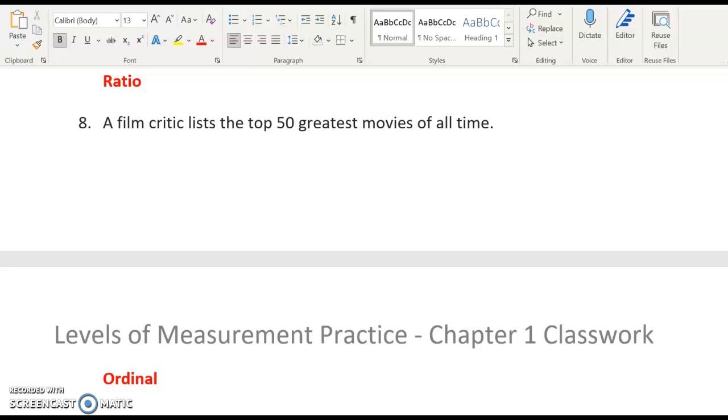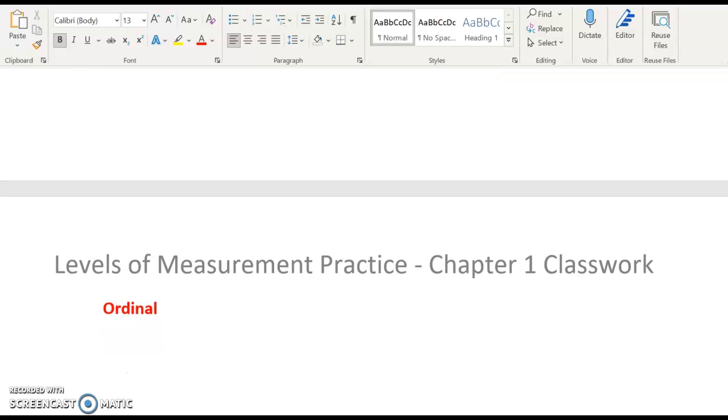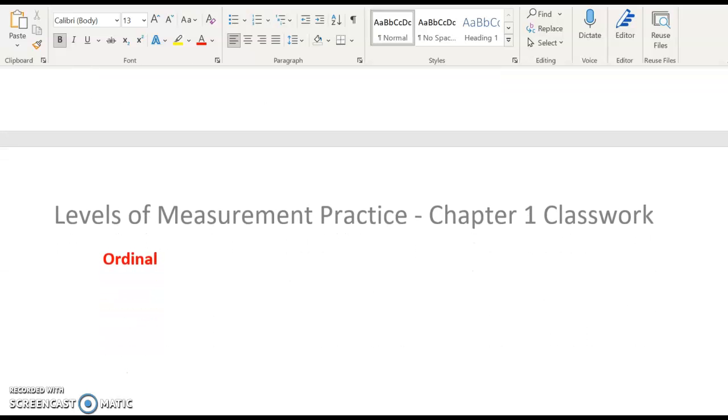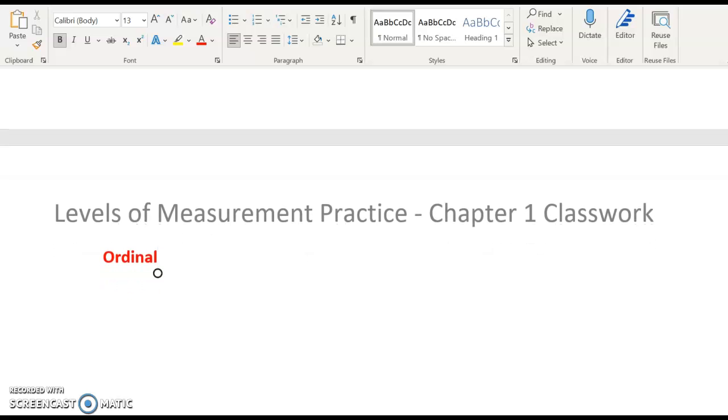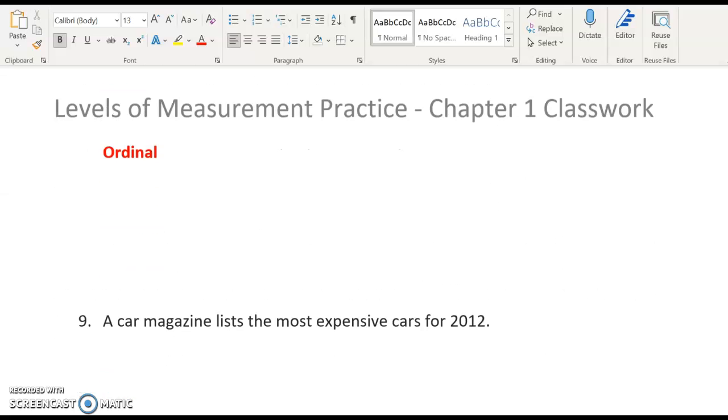The rankings can be ordered from 1 to 50, but you can't compare the difference in rankings. It's kind of like the top 10 cities example. Movie number 1 could beat movie number 2 by a little bit or by a lot. There's not really any way to tell.